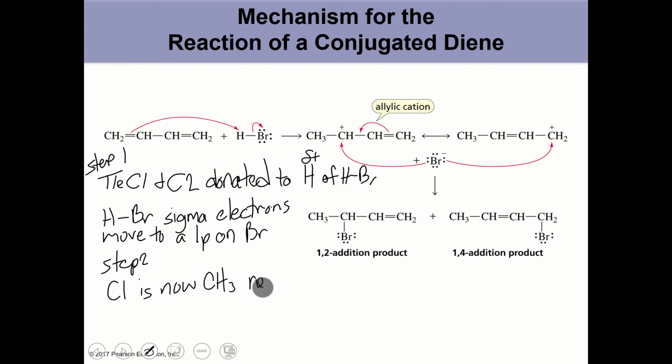So it has a new C to H bond. So whether we make the 1,2 addition product or the 1,4 addition product, when we're adding HBr, the hydrogen bonds at carbon 1. Okay? And we produce 2 cations.